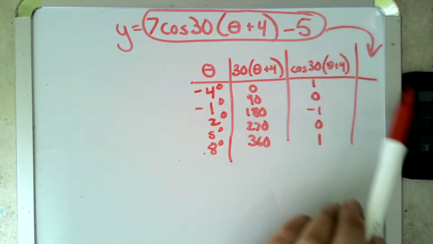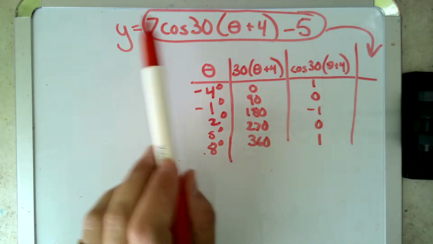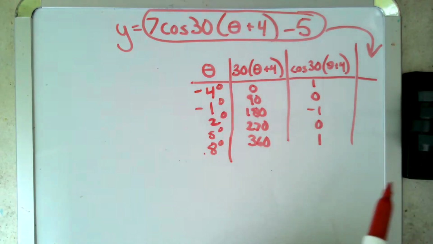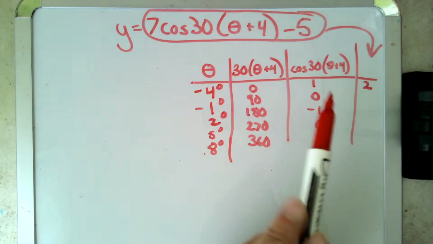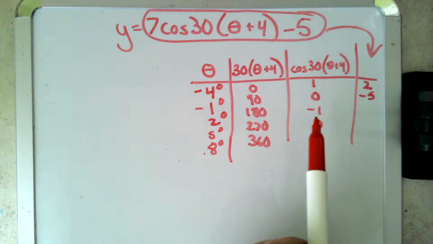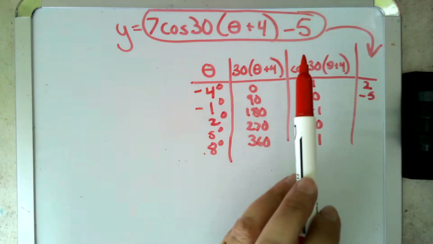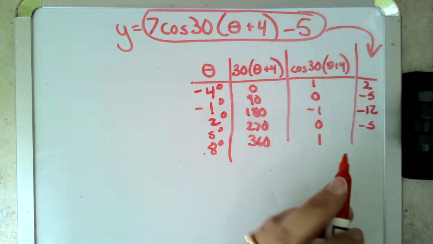Okay, and now to move forward from here, we're going to take this one output, multiply it by 7, and subtract 5, gets us a 2. Do that again with 0, gets us -5. Do that with -1, that's a -7 minus another 5. Do that again with 0, and finally again with 1.